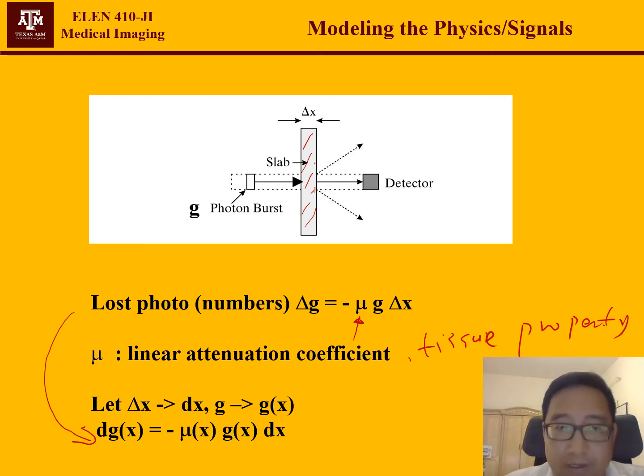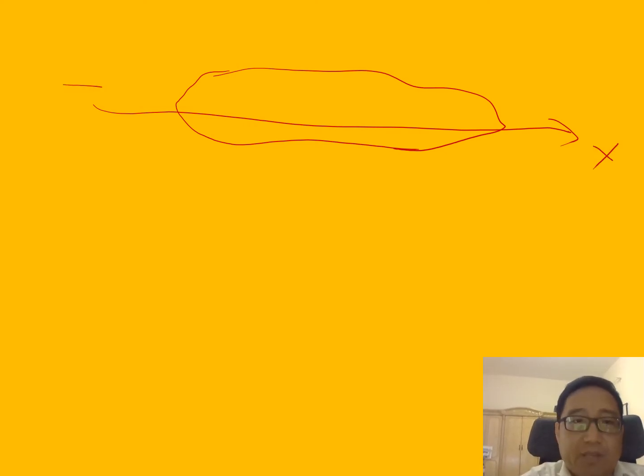Now with this, we can start to build something even more interesting. Let's say this is a piece of organ, and we let the X-ray go from here to start with. This is x, which represents the depth.